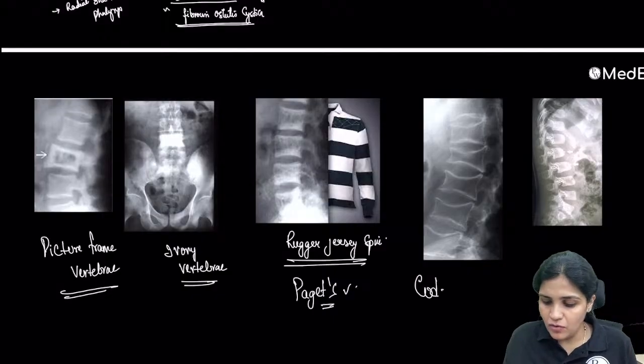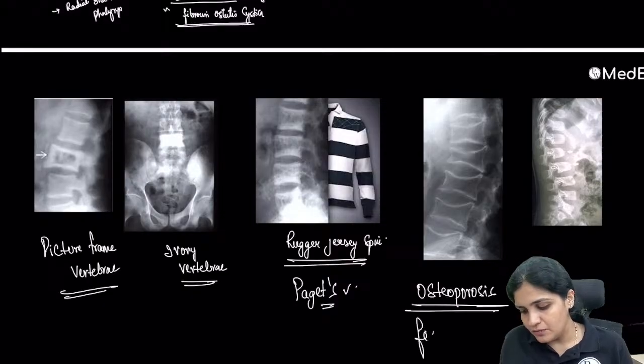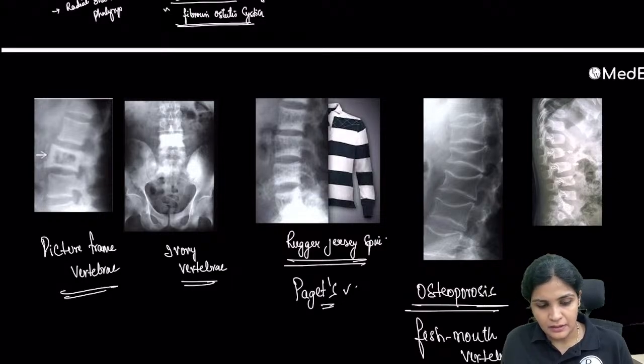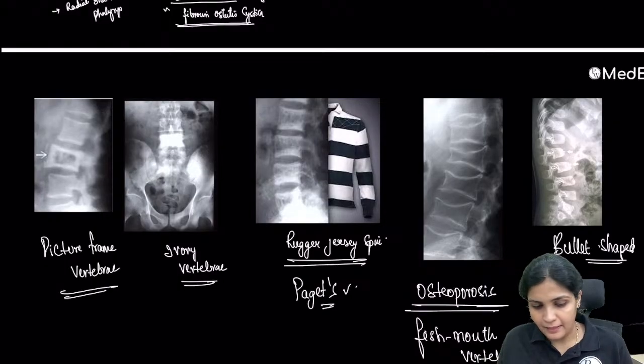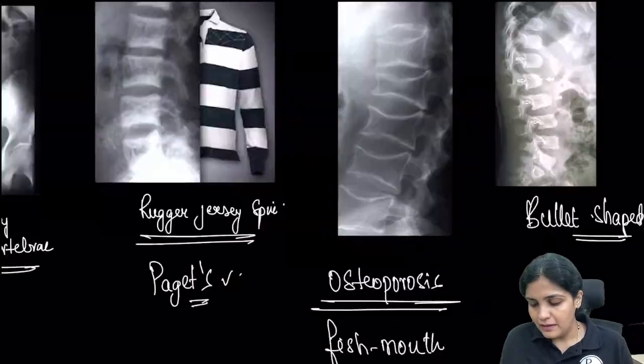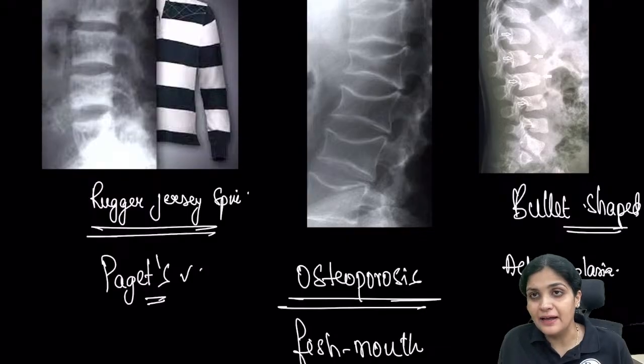Fishmouth vertebrae or codfish vertebrae. This is seen in osteoporosis, right? And finally, the last one, bullet-shaped vertebrae. Where is it seen? Achondroplasia. Okay, this is seen in achondroplasia.